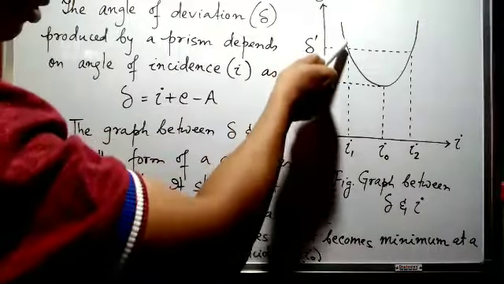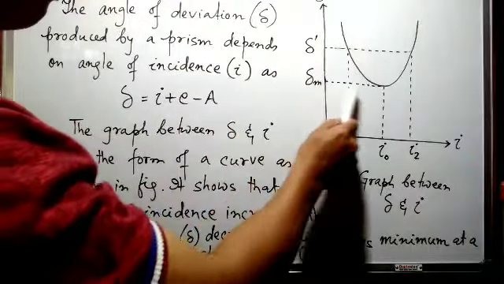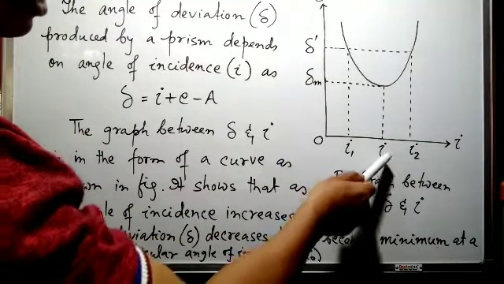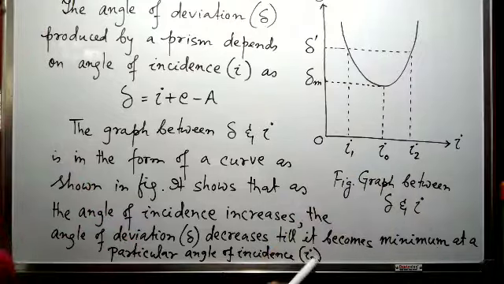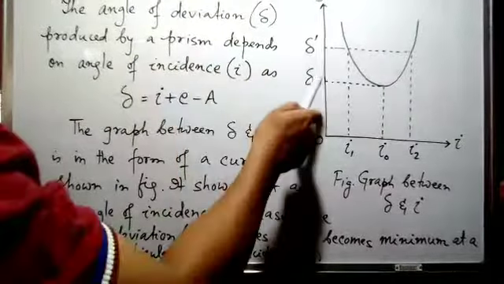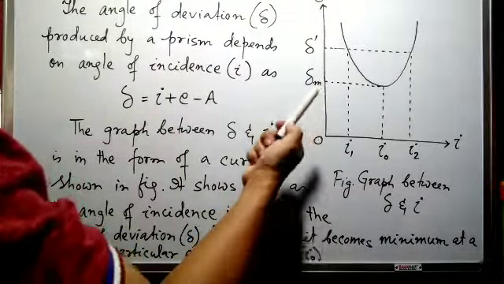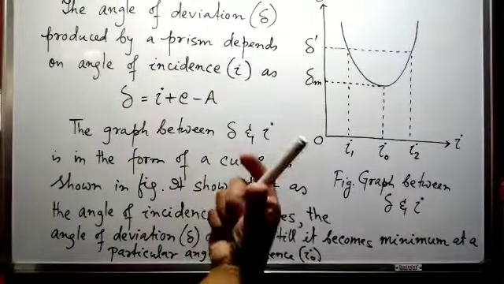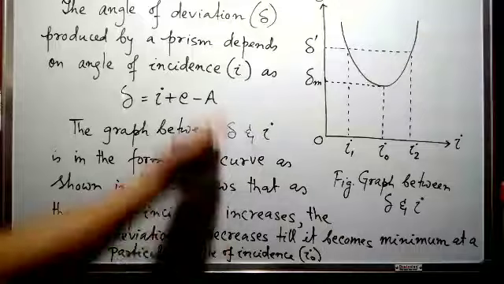At this value I naught, delta has its minimum value, which is the minimum angle of deviation.